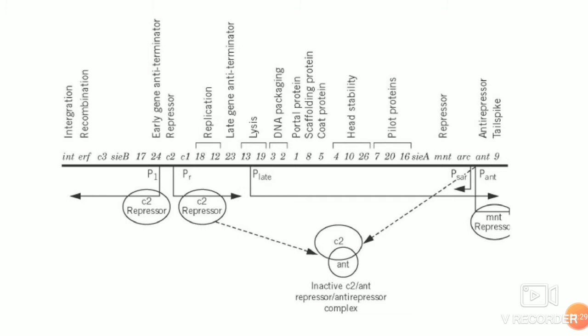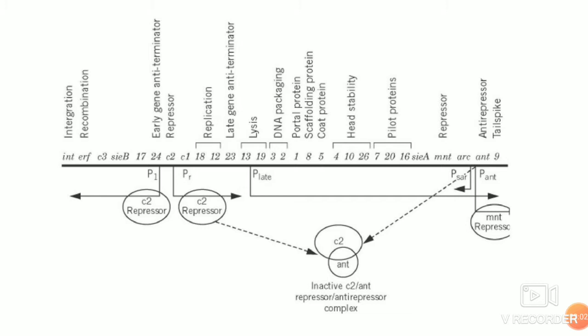The ARC and MNT proteins are two members of a small family of proteins that use an anti-parallel beta sheet motif rather than helix-turn-helix to bind to the operator region of the DNA. The ANT gene, as I told, lies downstream of the late-associated proteins and is transcribed during the lytic cycle as part of the late operon.